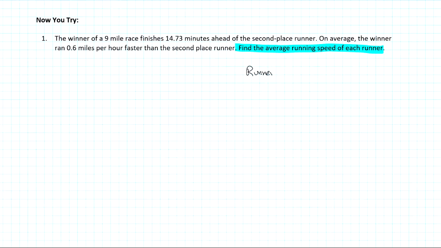Runner 1, let's say let S1, or let's use V just like we did in the last one. Let V1 equal the speed of the first runner.